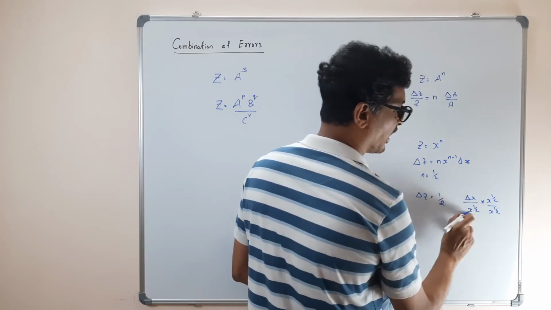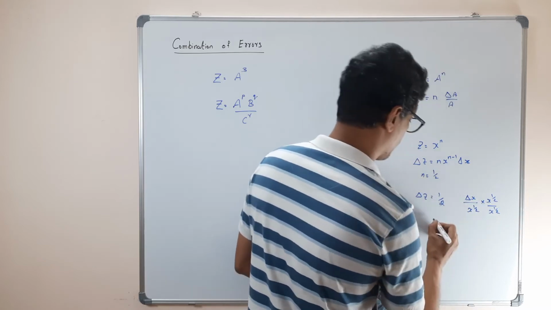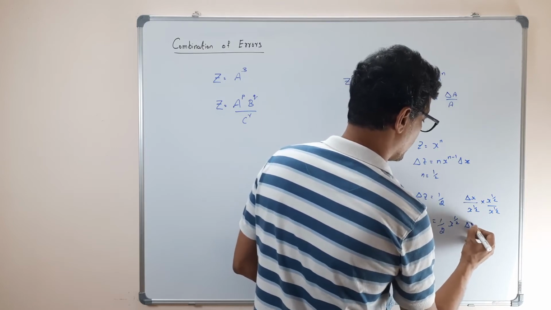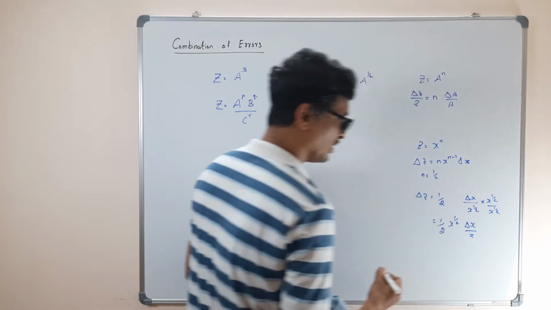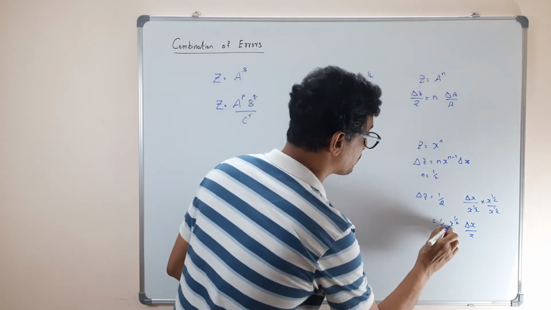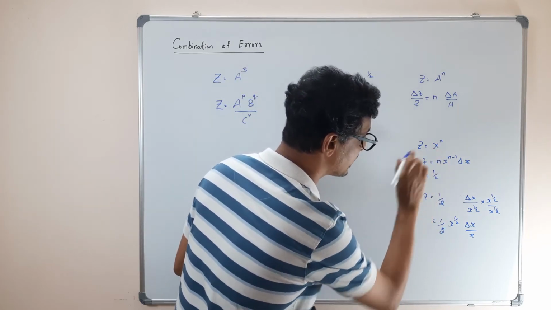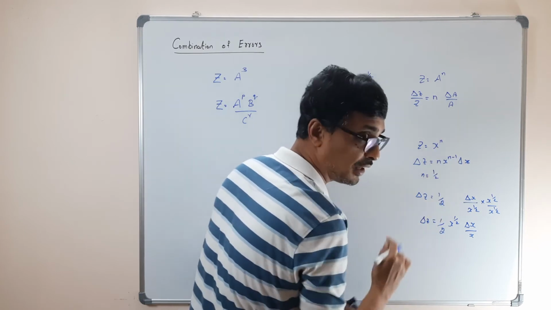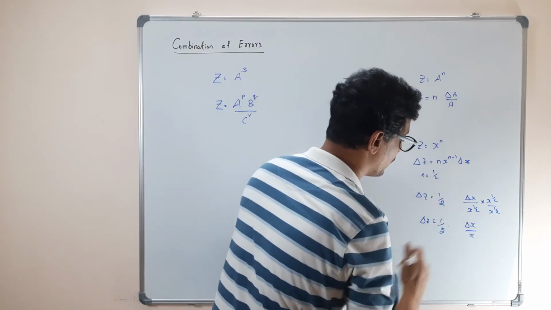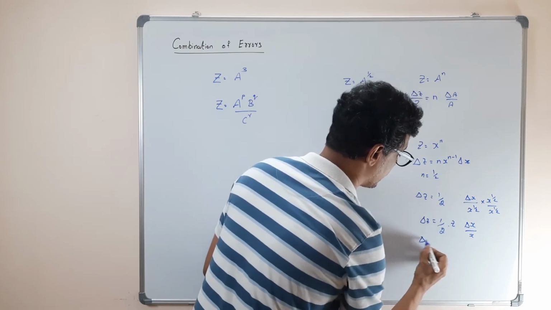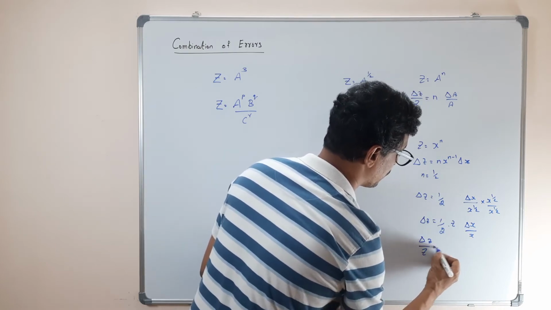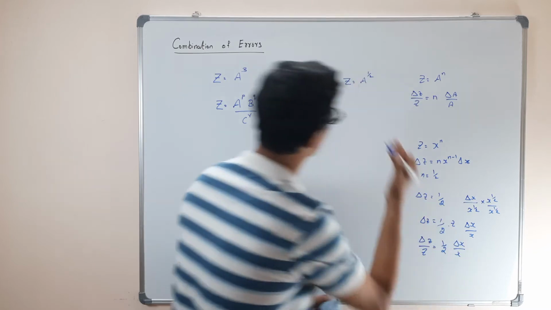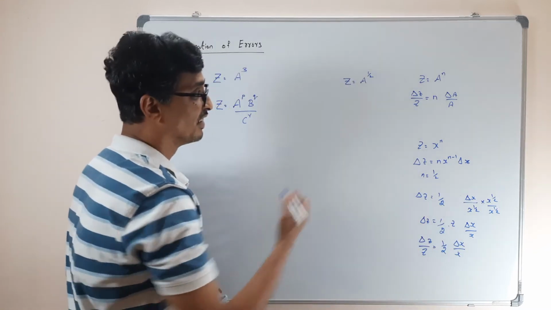So this will be x, and we will have 1 by 2 into x power half into delta x by x. And what is x power half? X power half is our z, because we took n equal to half. So delta z by z will be equal to half into delta x by x, and that's the same rule.